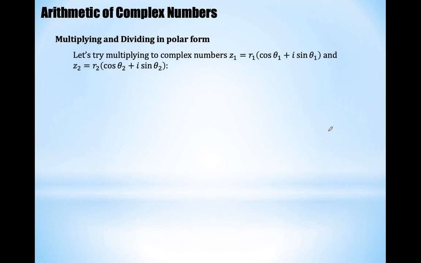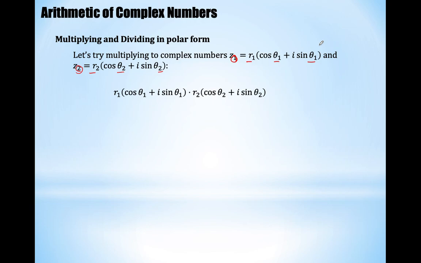So what if I have 2 random complex numbers in, I think you can see polar form already, right? These were given to me in polar form, or somebody transformed them into polar form. And I have 2 different complex numbers, so 2 different radii and 2 different angles.